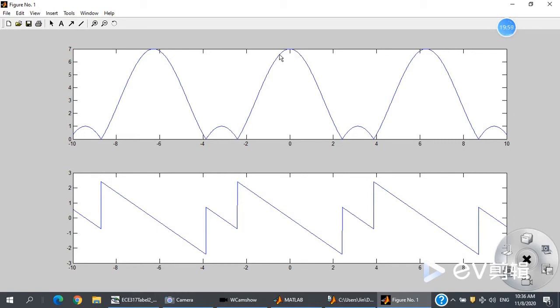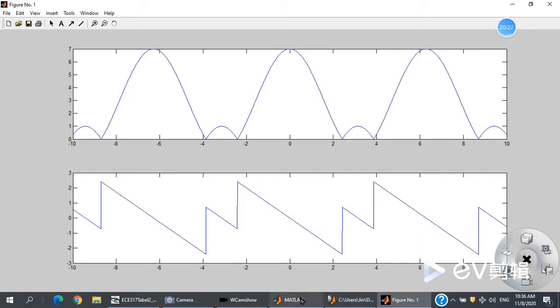Here is 4 cosine plus 3, and here is the negative of 4 cosine plus 3. When it is a negative value and you take the absolute value, you make it positive. So this is the magnitude, this is the phase. Alright, okay, this is one.